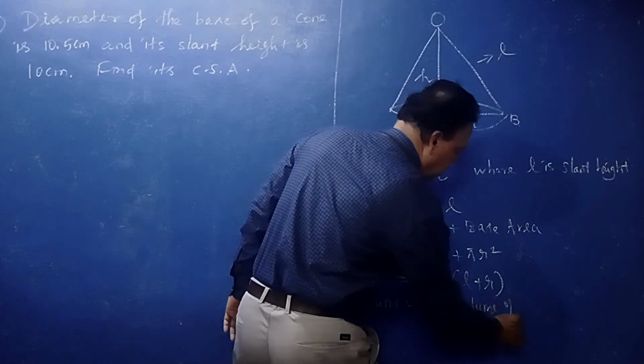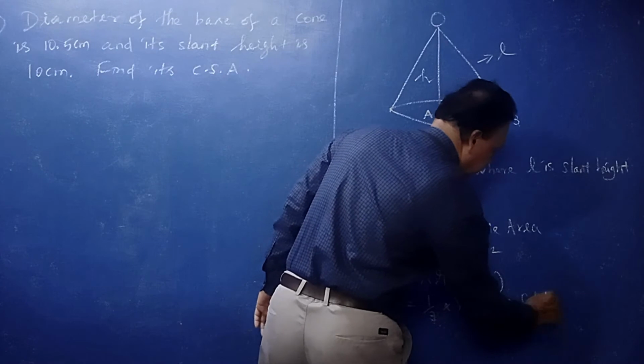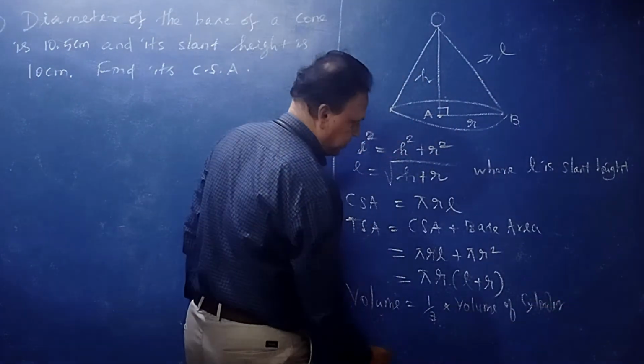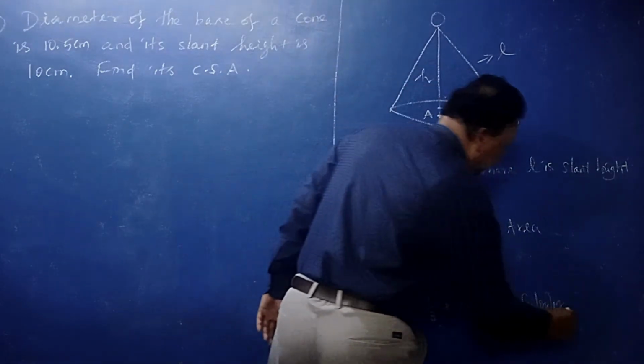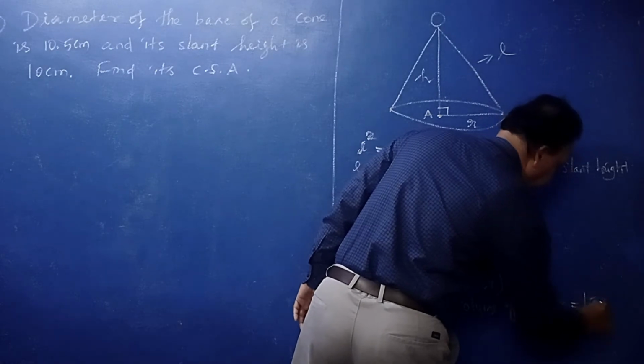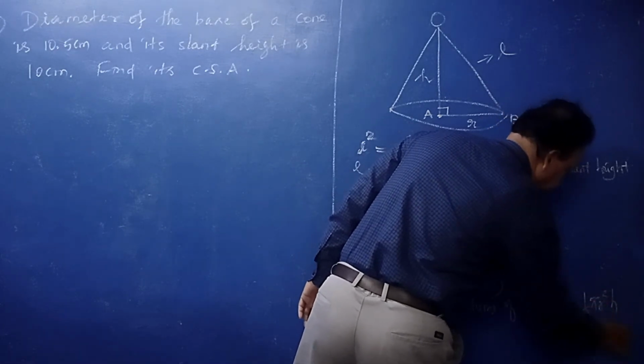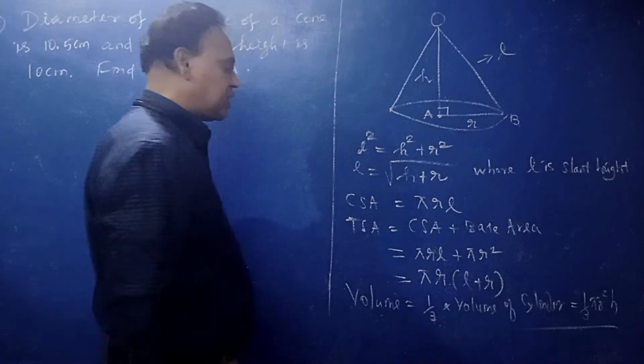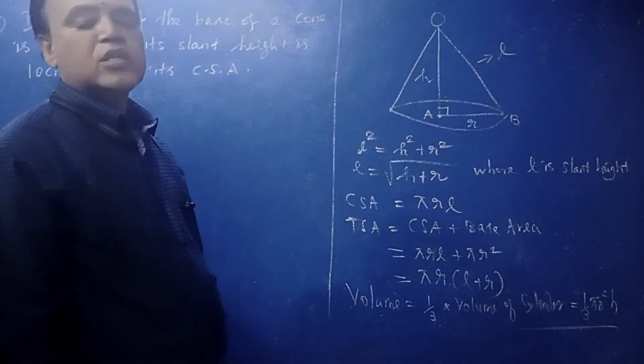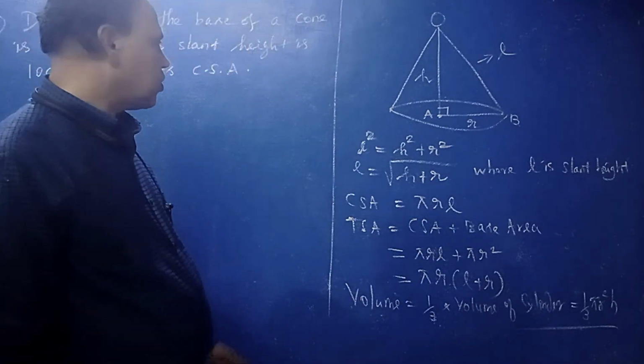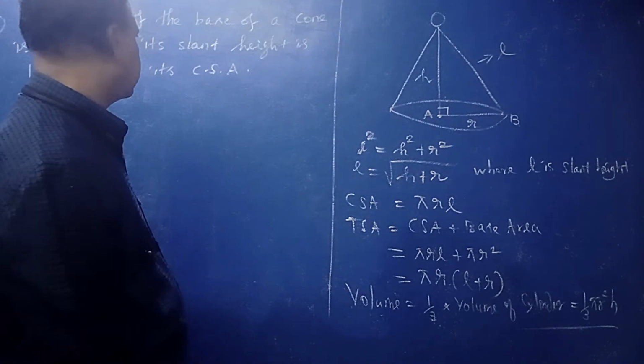You know the volume of cylinder, what is it? Pi r squared h. Therefore, that is equal to 1 by 3 pi r squared h cubic units, right? Volume means cubic units, area means square units. Understand? So always you have to remember this.